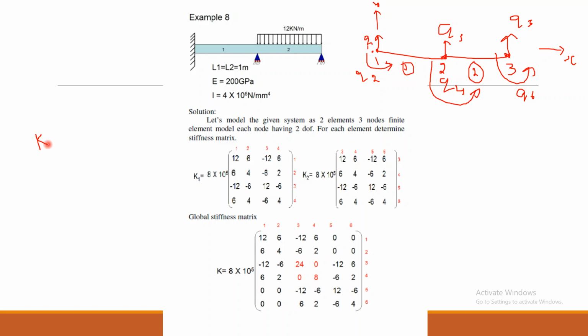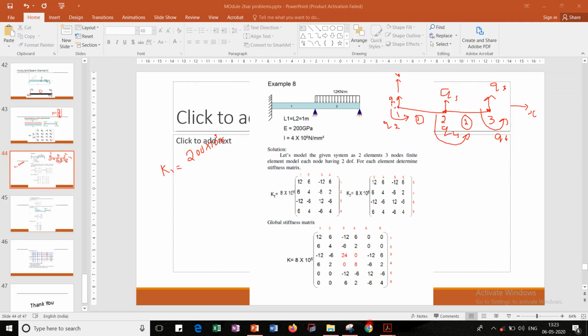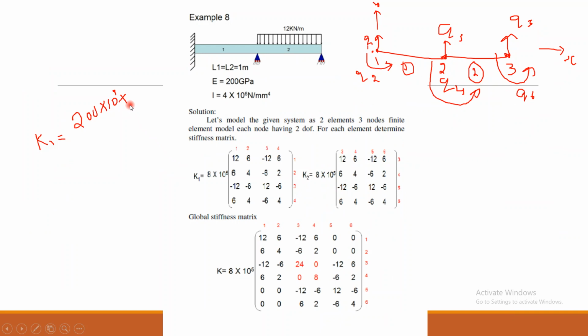So K1 equal to 200 into 10 raised to 9, multiplied by I. You need to convert that 4 into 10 raised to 6. So here 200 into 10 raised to 9 multiplied by the I value.